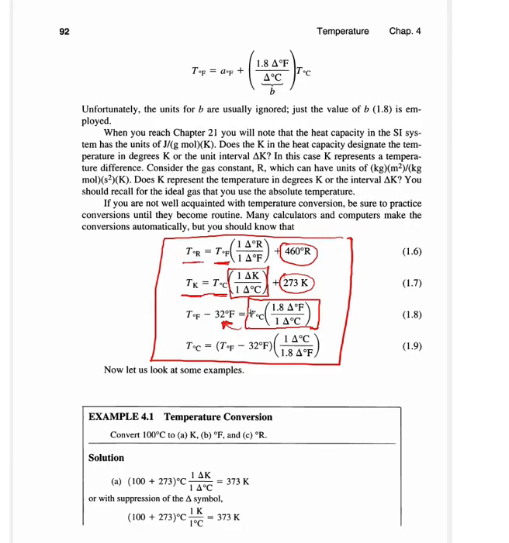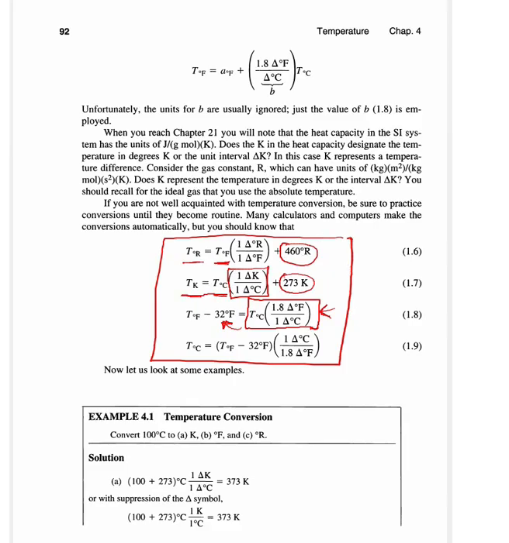I think it's a lot easier, if you have something in Celsius, to just go to Kelvin. You add 273 to it, and now you have it in Kelvin. To go from Kelvin to Rankine, you multiply by 1.8, because a degree Rankine is 1.8 times the size of a degree Kelvin. And then you just subtract 460 to get degrees Fahrenheit. It's basically ending up the same thing as this does for you, but for me, it just makes more sense.